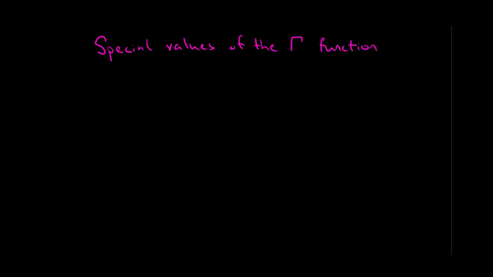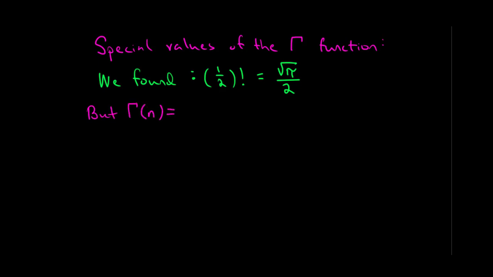I now want to talk about some special values of the gamma function. Specifically, we have already found that 1/2 factorial equals the square root of pi over 2. But we know that gamma of n is defined as n minus 1 factorial, which is again n factorial over n.